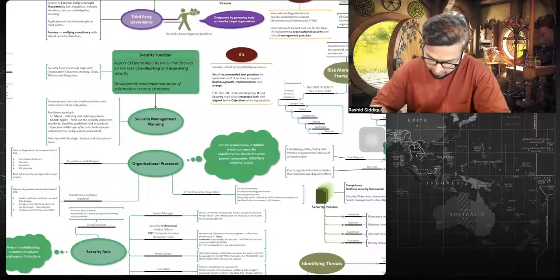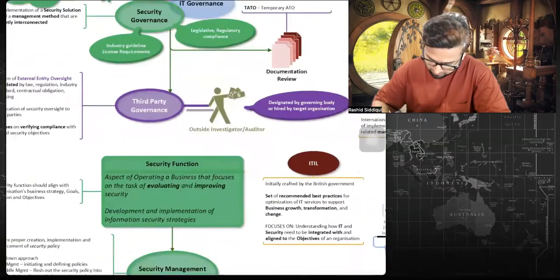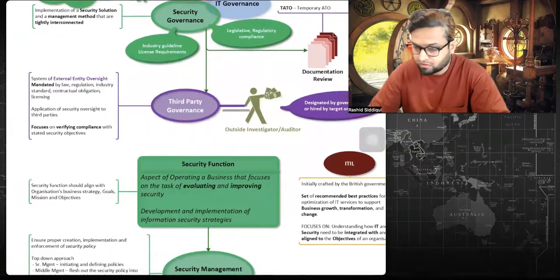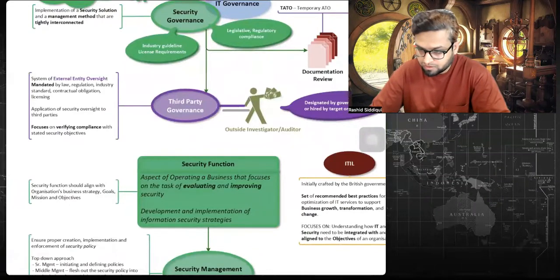third-party governance. Basically, as I said, third-party governance may be from both sides. If a company is outsourcing some of its business, it is still liable for the security of the outsourced component of the business. Or the government can also impose third-party governance, such as an external audit, in order to comply with some government regulatory and compliance need.